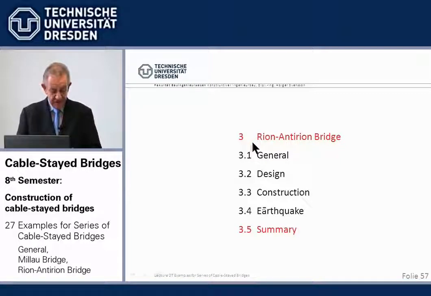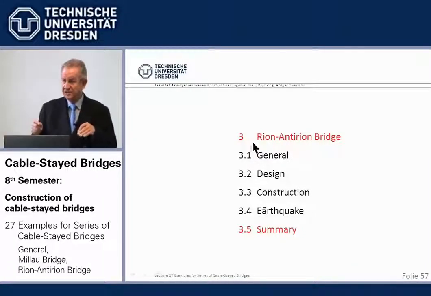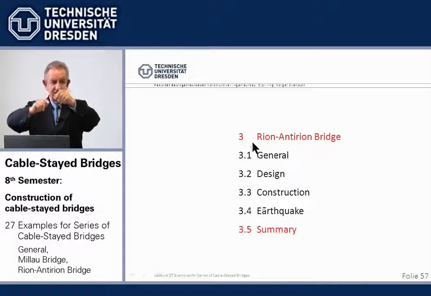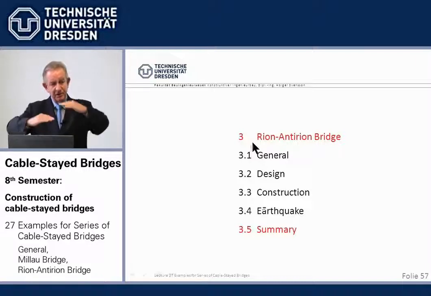So, the second bridge I showed you, Rion-Antirion, is special by its foundations, where there is a layer of gravel, unconnected, with no pile connections between the foundations and the soil.